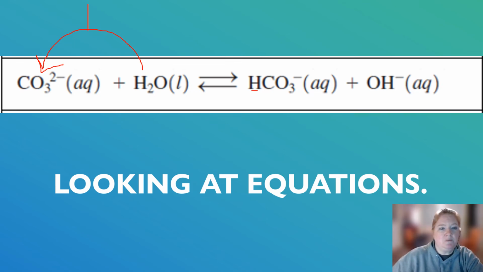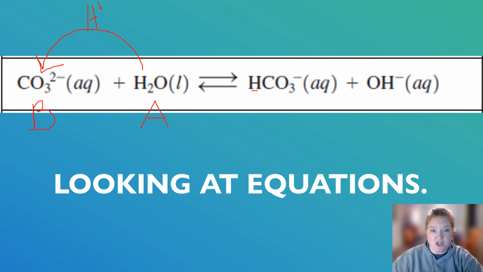If the H plus goes this way, that means this is the acid, the donator, and this is the base, the acceptor. So on the other side, I have a conjugate acid and a conjugate base. Which one did this come from? From here. So if this is the acid, on this side, it's the conjugate base. And this are paired, so this must be the conjugate acid. Okay? All right, let's try another one.